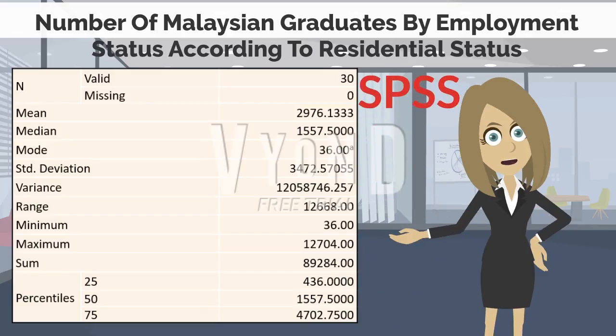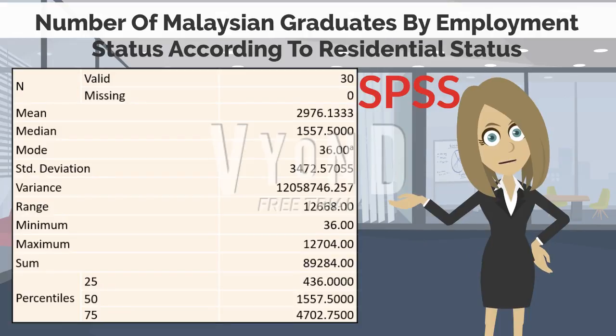SPSS results show that the mean number of Malaysian graduates by employment status according to residential state in 2018 is 2,976.1333 graduates, while manually the mean is 3,245.27 graduates. The median in SPSS is 1,557.5000 graduates, while the manual median is 2,147.17 graduates.